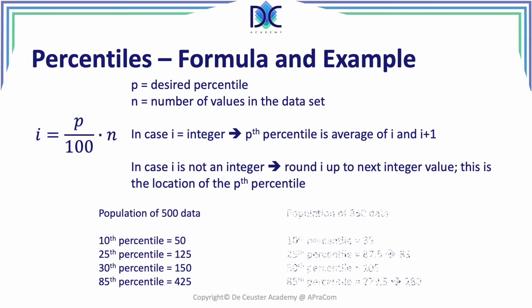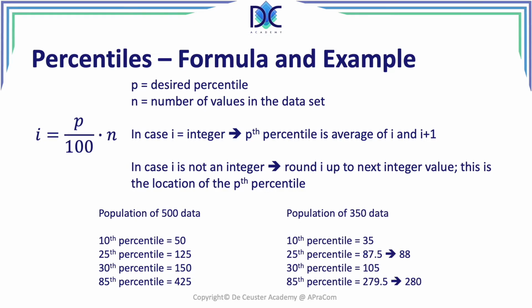Now, when we look at a different population of 350 data, the 10th percentile is equal to 35, which is an integer, so that's okay.